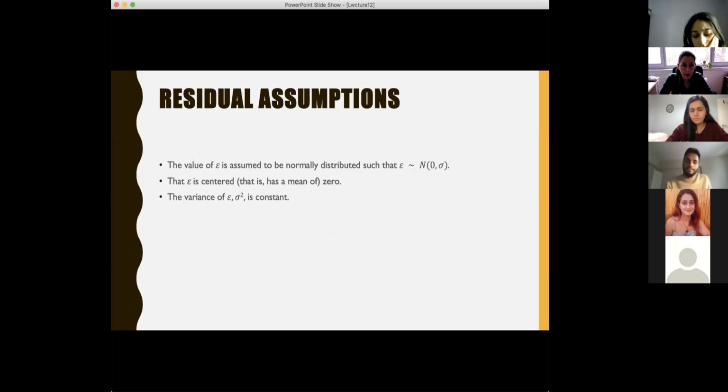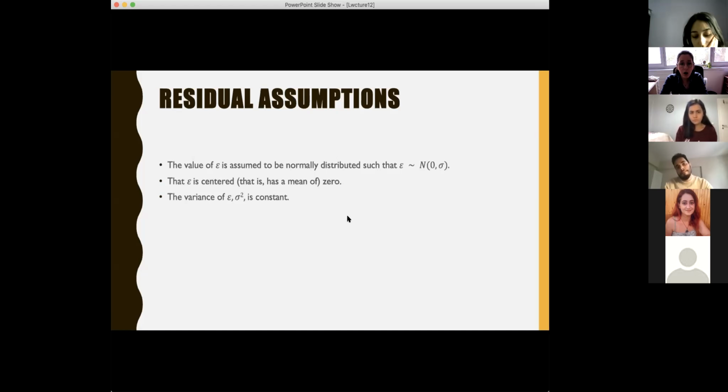So your error is assumed to be normally distributed, and this is how we show that in statistics. That means your error is centered around 0 and your variance is constant, okay? These are the two assumptions we are making with our error.